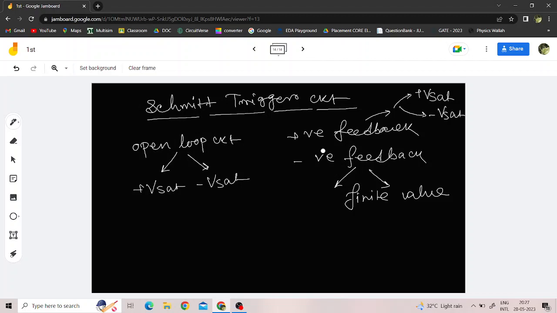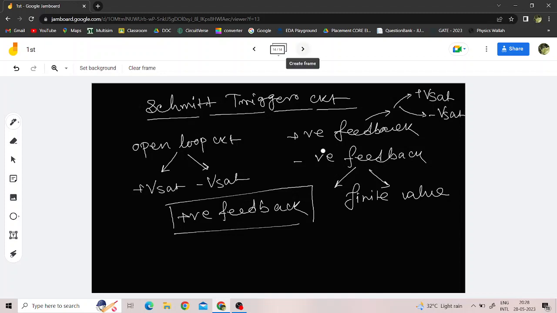So the Schmitt trigger is basically an application of the op-amp which uses positive feedback. Okay, now we will discuss how to analyze a circuit which has positive feedback and how to find its transfer characteristic.